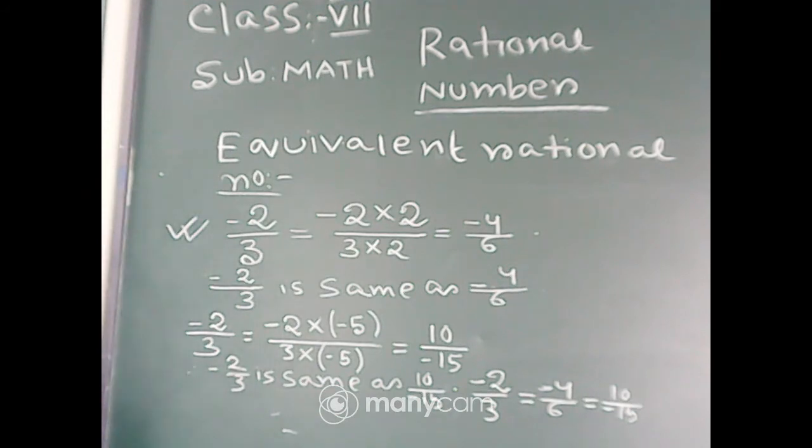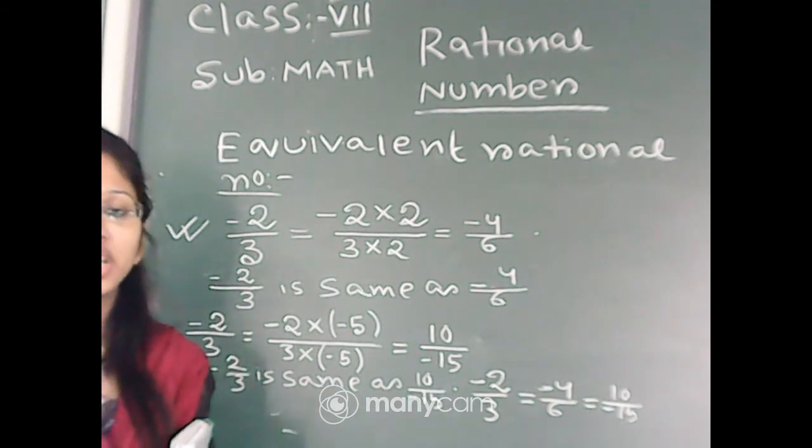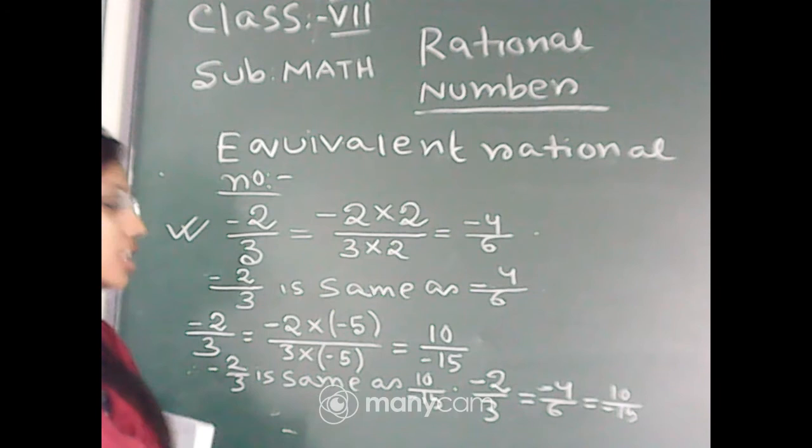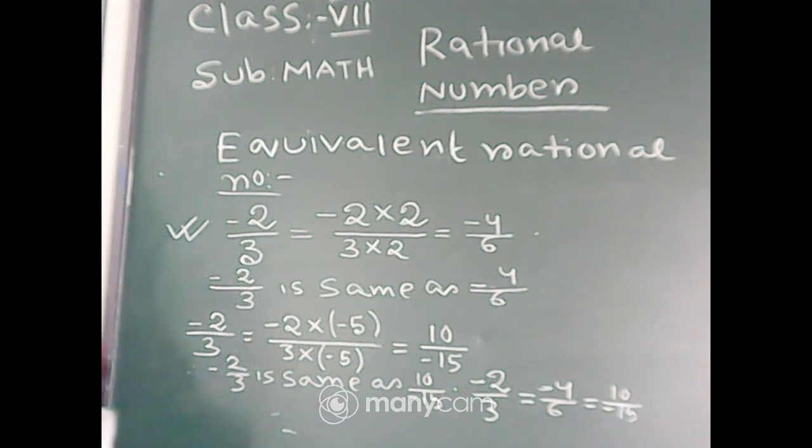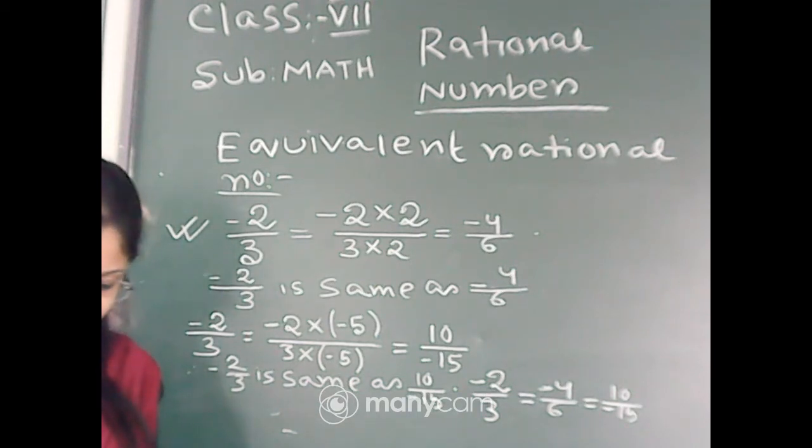Such rational numbers that are equal to each other are called equivalent rational numbers. Okay.